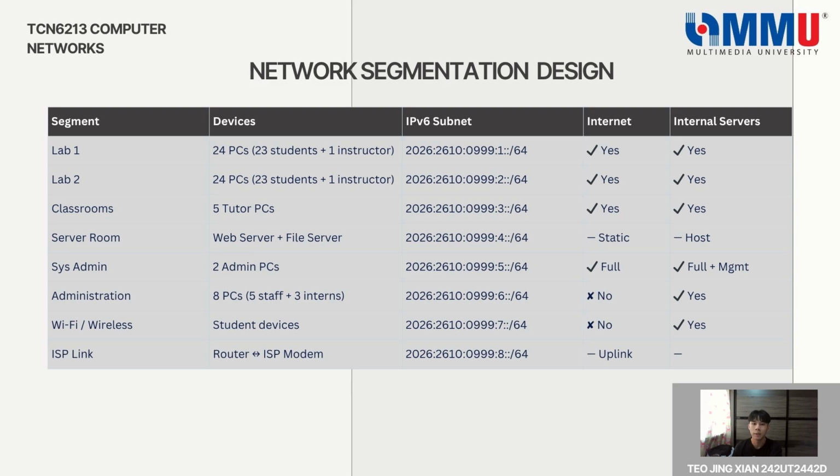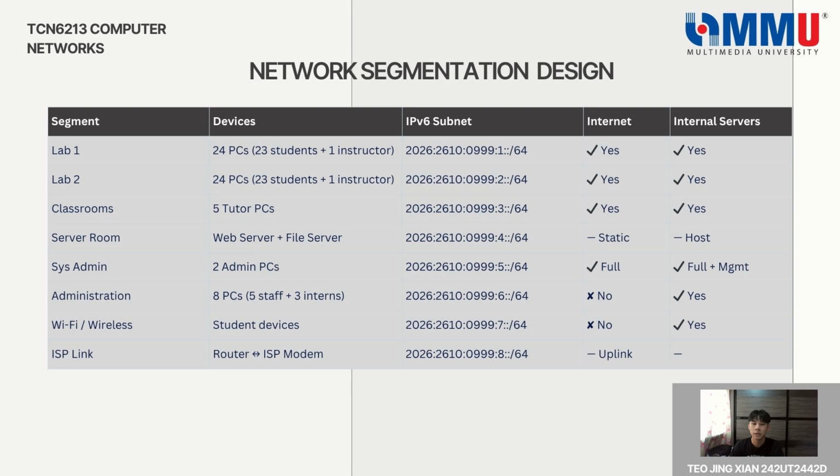Our primary academic and instructional zones, including Lab 1, Lab 2, and the classroom, are granted full access to both the internet and internal servers to facilitate learning. In contrast, the server room uses static and host-specific configuration for stability, while the system admin segment maintains full management oversight across the entire infrastructure.